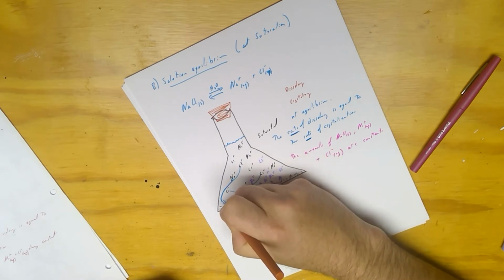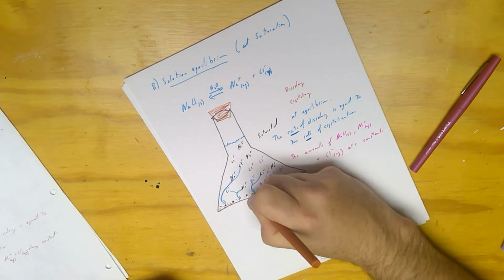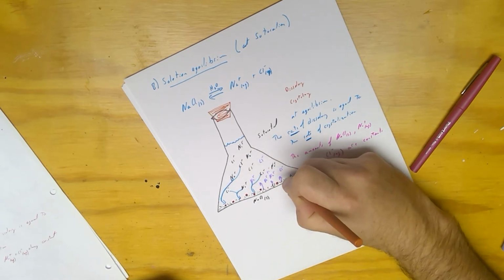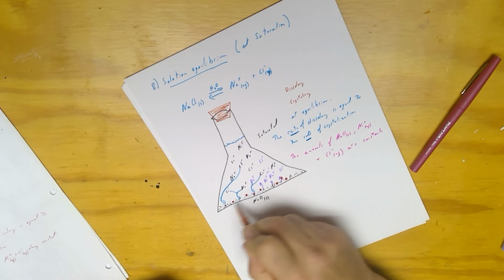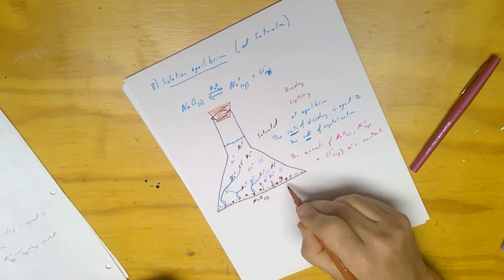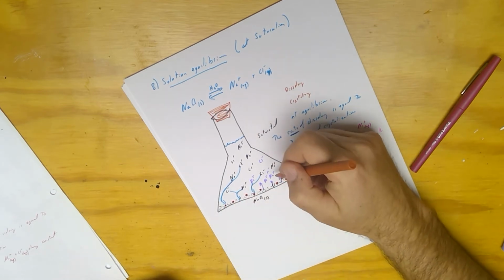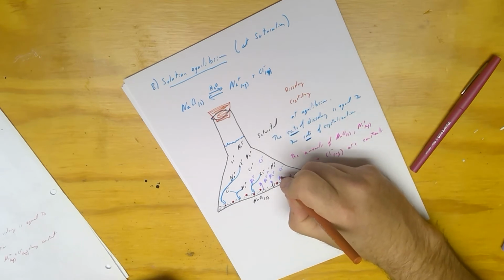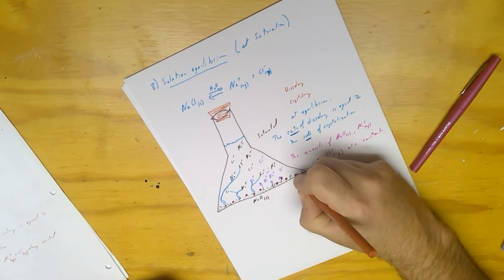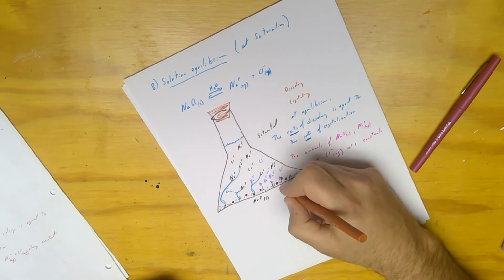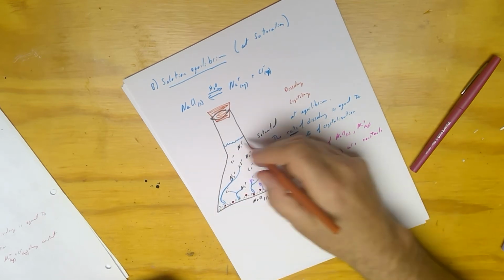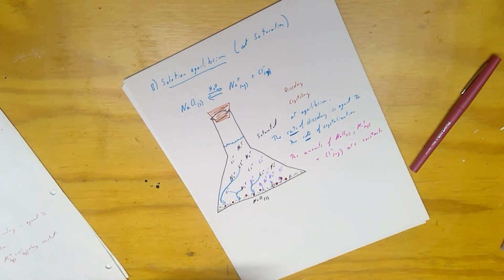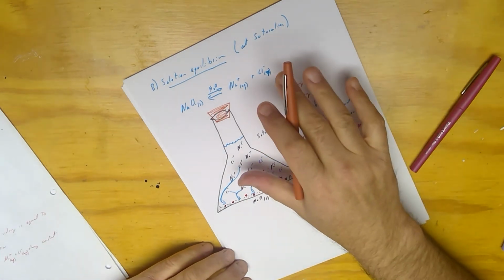So these crystals keep getting bigger and bigger on the bottom here. You can't see the equilibrium happening, but you can see the result: salt crystals getting bigger, and the little ones keep dissolving. It's pretty cool. If we get back to school, I will show it to you. All right, this is solution equilibrium.